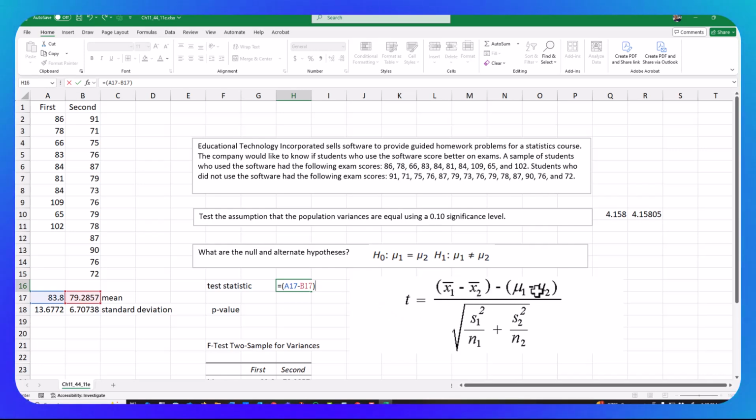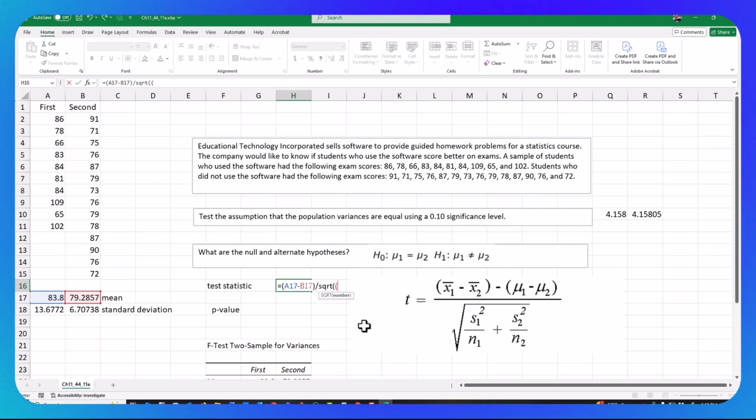So this is the sample means. The difference in the population means is 0. That's saying there's no difference. So a lot of times you won't even see that written, but if it makes you feel good, you could put minus 0 there. And then divided by, I got to do all this crazy stuff. So the square root of, notice I did 2 parentheses because I'm going to do each fraction in a parentheses.